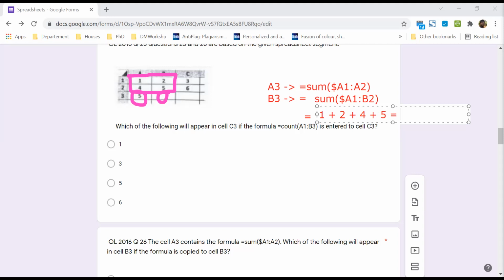Right? That means 9, 11, 12. So the answer should be 12 in this particular case. So I think that is also a good question. About half of the class got the correct answer. So I understand the issue here, but you can see it's a very good question. Okay. Now let's move to the next one.